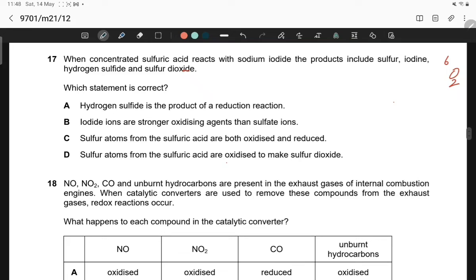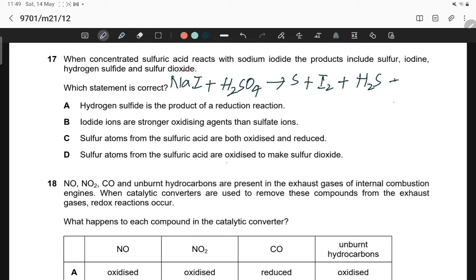When concentrated sulfuric acid reacts with sodium iodide, NaI plus H2SO4 forms iodine plus hydrogen sulfide, H2S, plus sulfur dioxide.